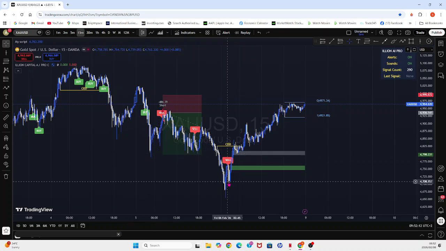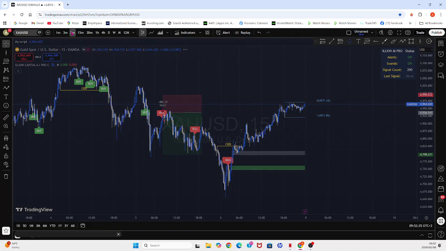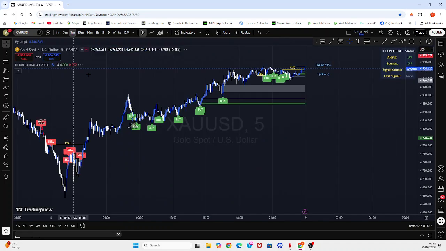Which means if it gives you this SSD, what is it signaling to us? Now we're going to start looking for buys, because the market was moving downwards and its signal is SSD, meaning we could potentially change trends. But now, as we can see, it gave us an SSD here on the 15-minute time frame. To find our buys, we can hop onto the 5-minute time frame.